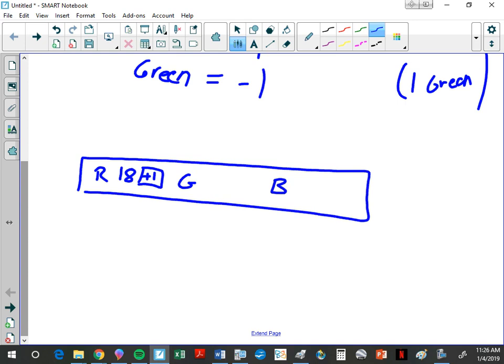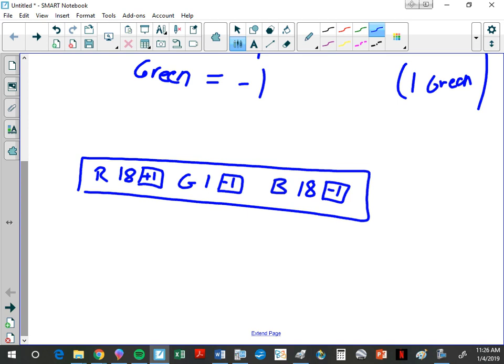What about green tickets? There's 1 green ticket, and it says -1. And there are 18 black tickets, and they all say -1. So instead of putting your money on the table, all you have to do is reach into the box, pull out a ticket, and whatever it says, you either pay or they pay you.